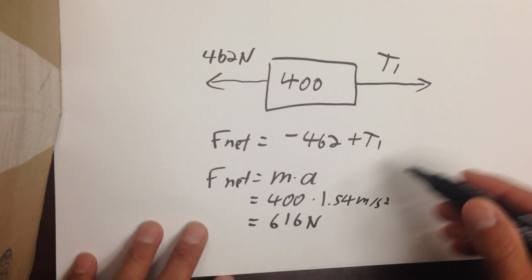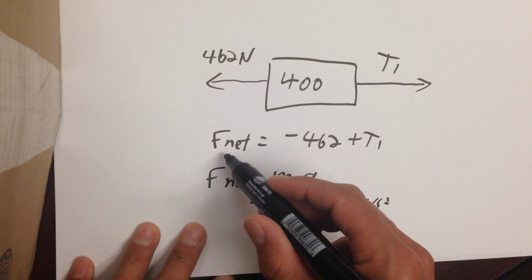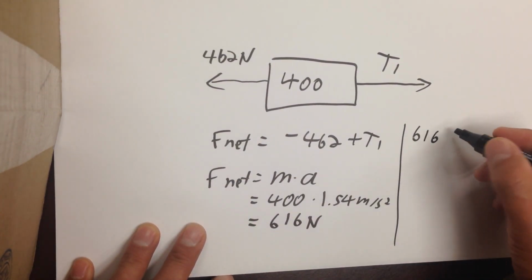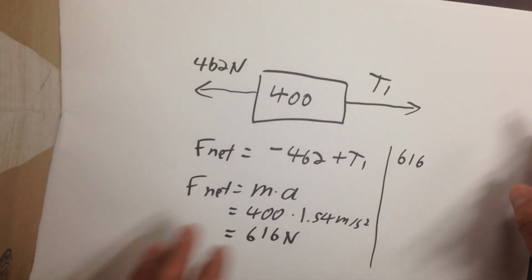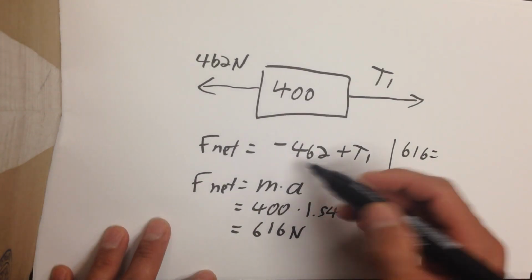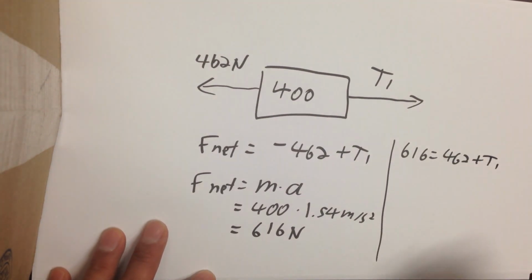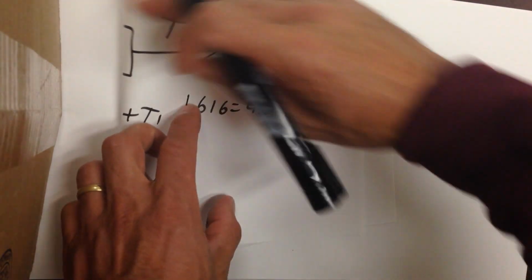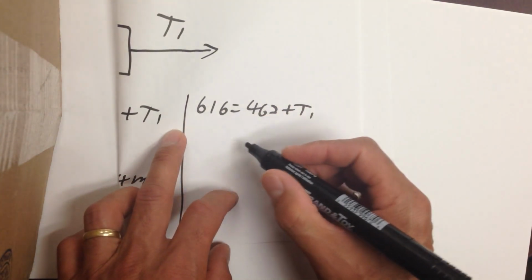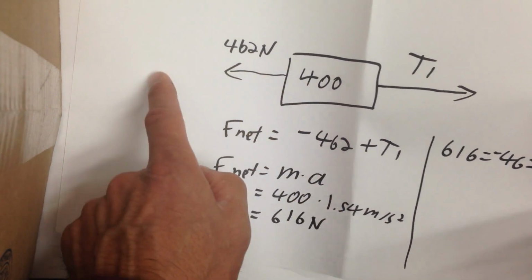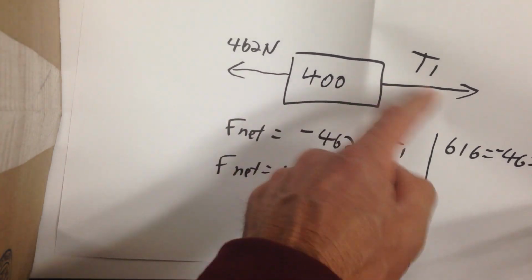Now looking back here, our net force is 616 newtons. So 616 newtons is equal to minus 462 plus T1. So just a little bit of rearranging. Remember that was negative. Our net force was negative 462 because it's going to the left, plus T1, which is going to the right.